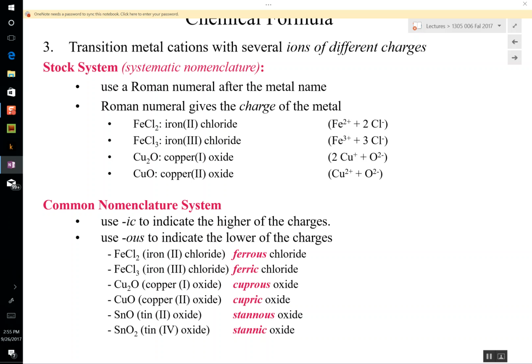Okay. Ferrous is the +2 ion. Phosphate, -3 ion. And if you cross these, you get the formula for ferrous phosphate. Okay.